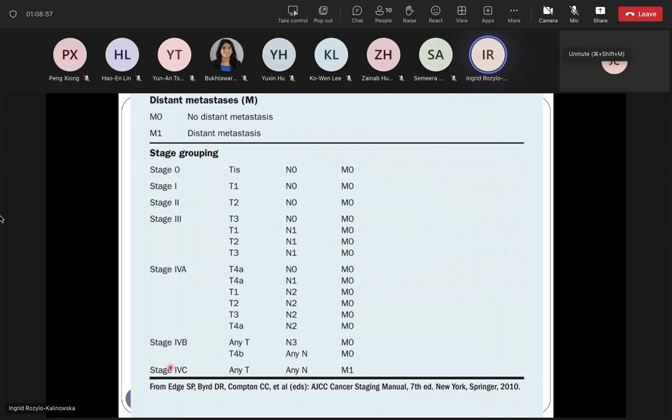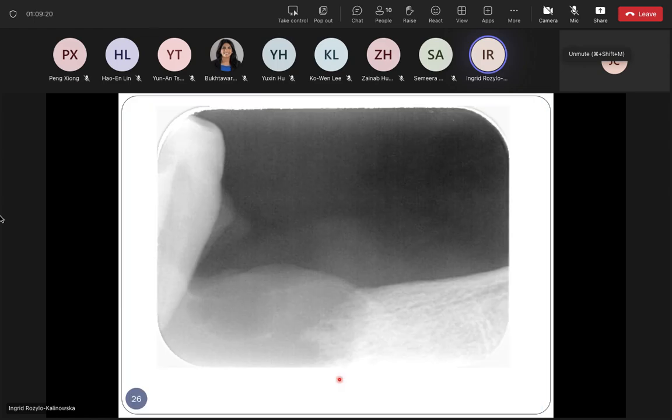So in case of oral cancer, if there's any metastasis to, for example, the liver, lungs, etc., then any size of the tumor, it's not important. It's directly the T4C stage, so the most advanced stage.